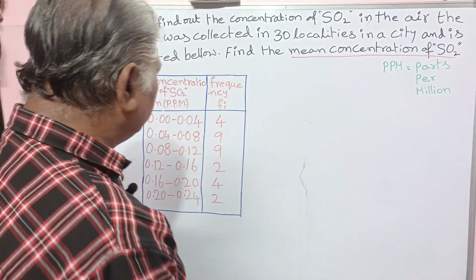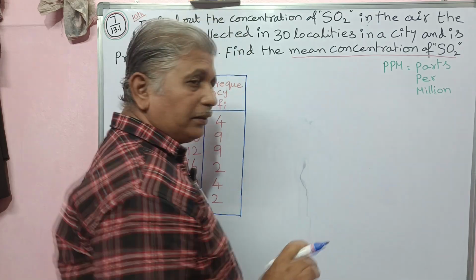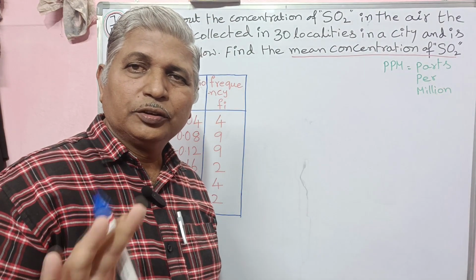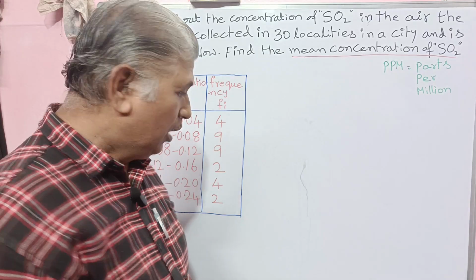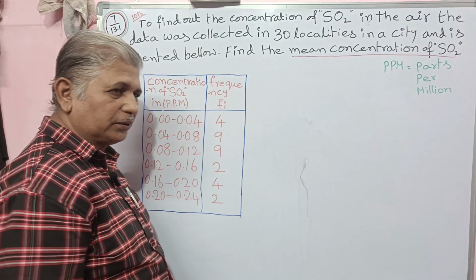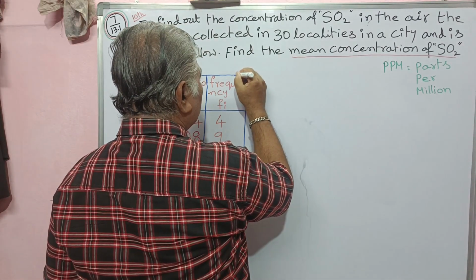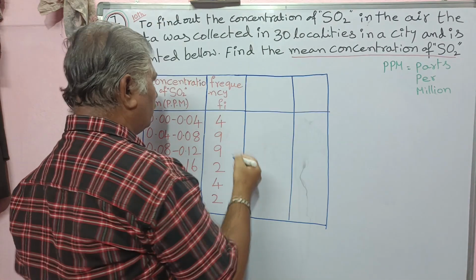It is very easy to find the mean. The direct method has 4 columns. Already the data is given in 2 columns. We have to draw another 2 columns.